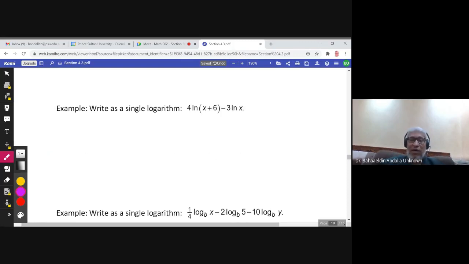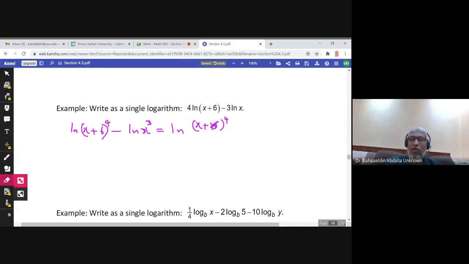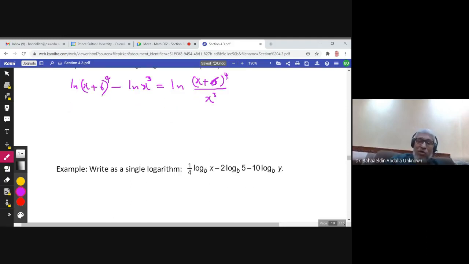Same here: I have to write first ln (x plus 6) to the power 4, and ln x cubed, and then I can use the quotient rule to write it as one ln. It would be ln of (x plus 6) all to the power 4 over x to the power 3. So it is now written as a single logarithm.